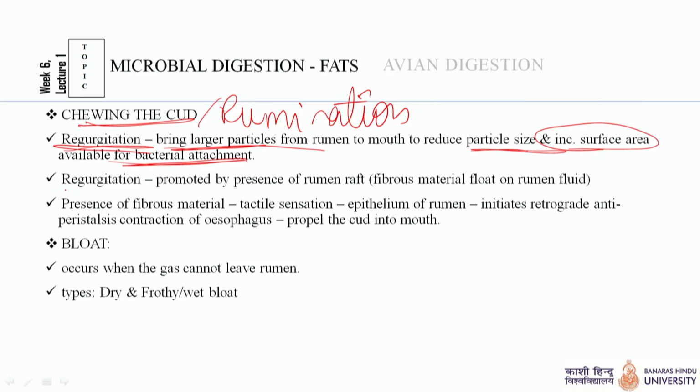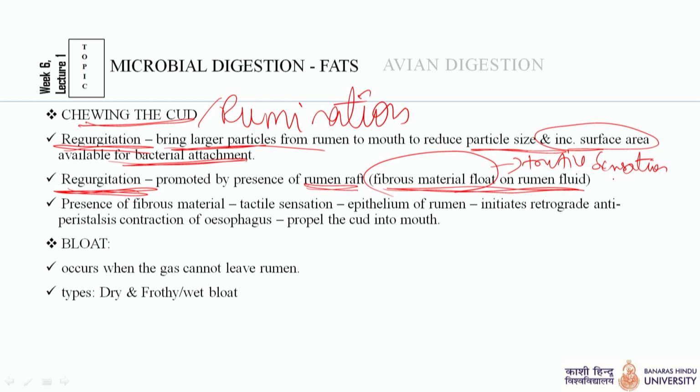The next is that this regurgitation is promoted by the presence of the rumen raft. Rumen raft, I told, is a fibrous material that floats on the rumen fluid. This fibrous material causes some tactile sensation. This tactile sensation acts on the ruminal epithelium.